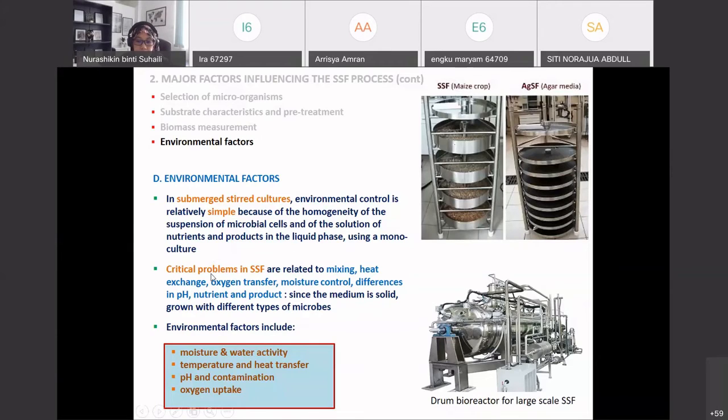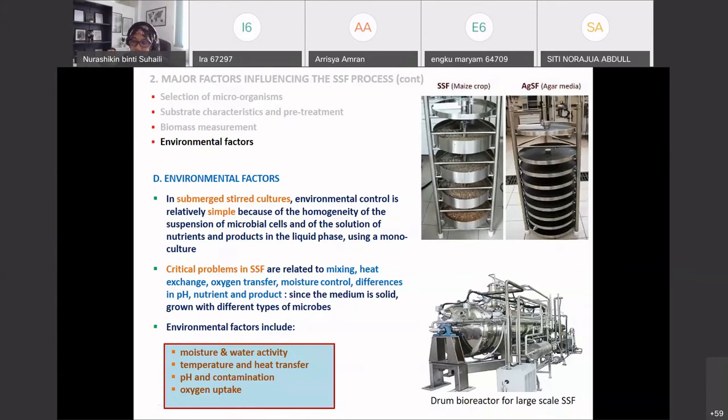So the critical problems in SSF are related to mixing, heat exchange, oxygen transfer, moisture control, and differences in pH, nutrients and products, since the medium is solid, grown with different types of microbes. It's not only the temperature, but also the oxygen transfer, the moisture control, the pH distribution. You might not know the pH at this point.